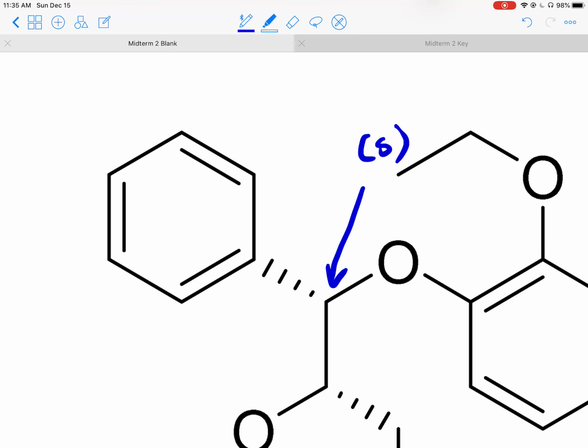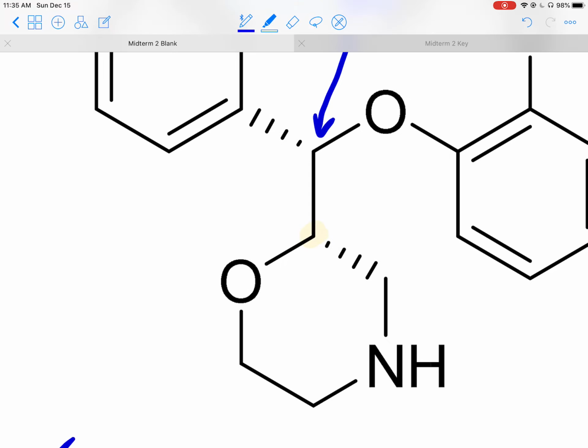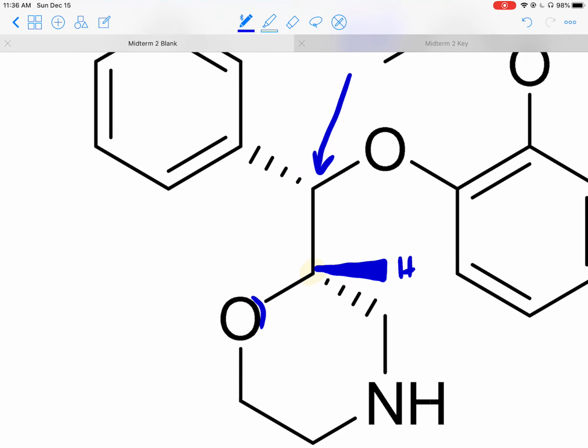And now we have to figure out this carbon. It's connected to an oxygen here. It has an implied hydrogen right here next to the amine group. And then it has this carbon connection and this carbon connection. This carbon is connected up here to oxygen and carbon and hydrogen.